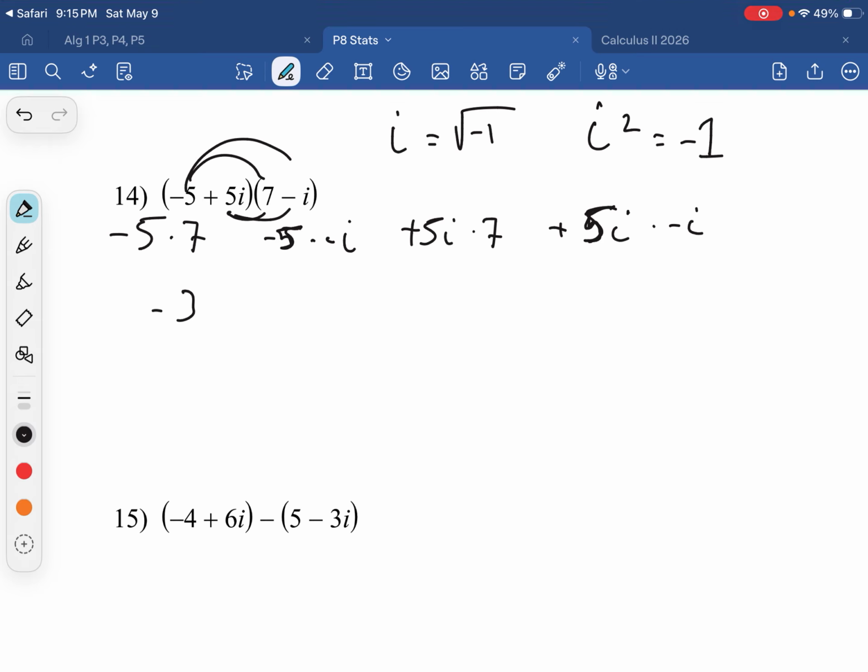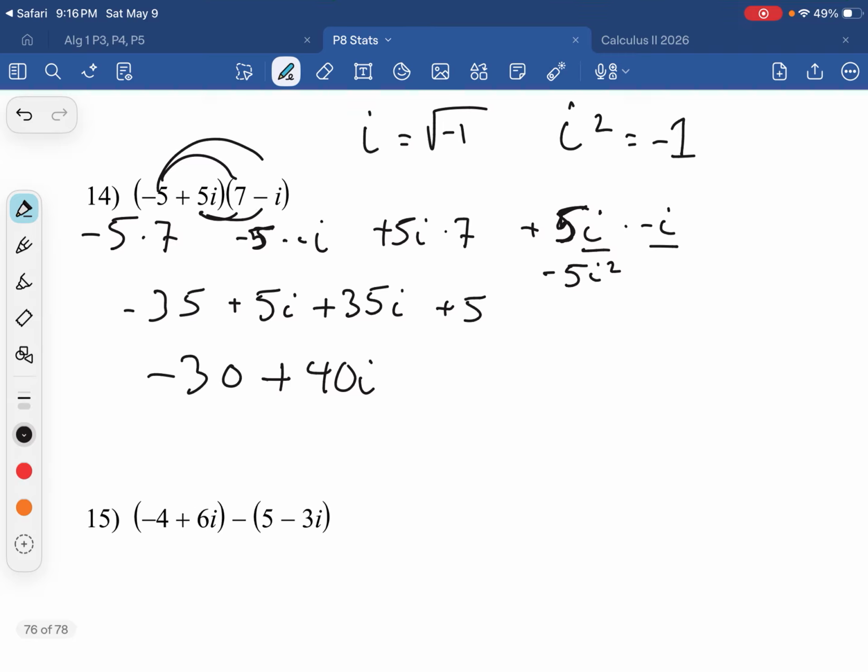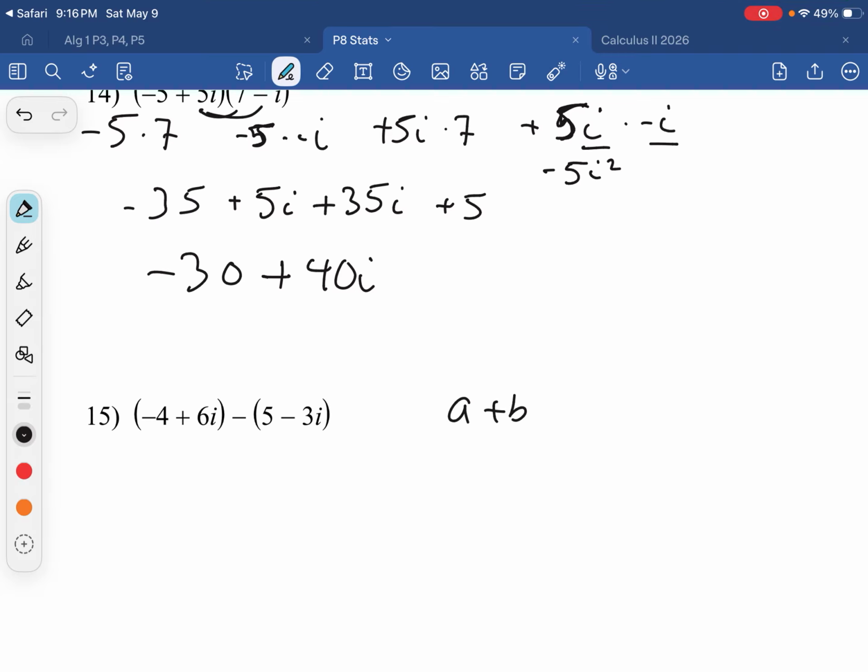So -35 plus 5i plus 35i. And if this is i times i, it's -i, so it's -5i squared, or plus 5. -30 plus 40i.